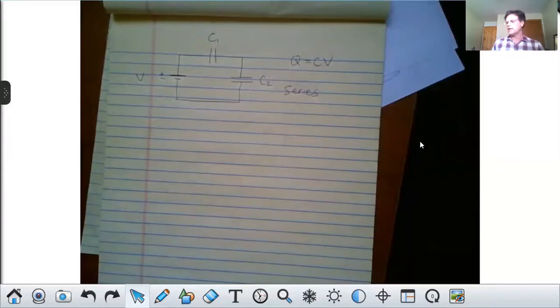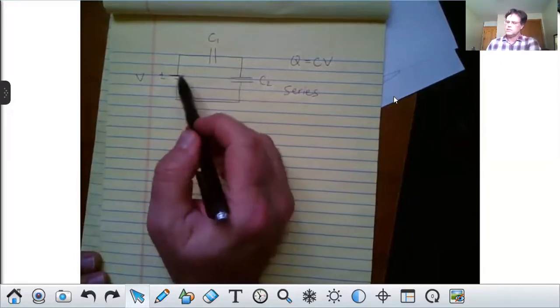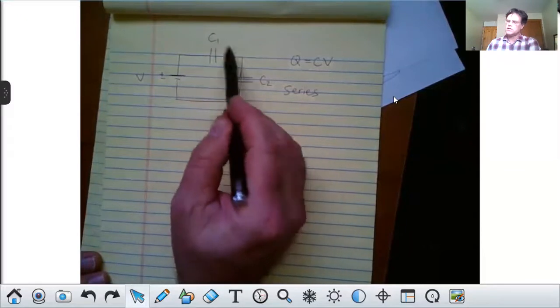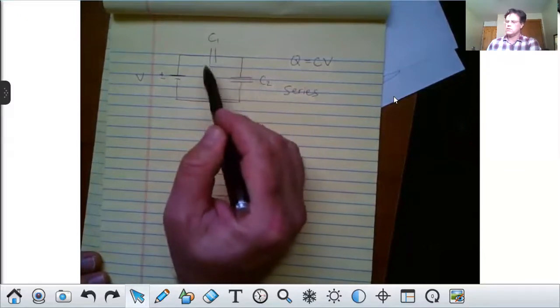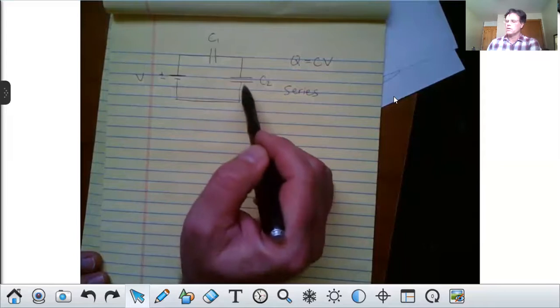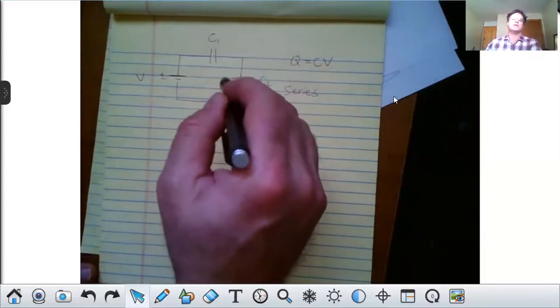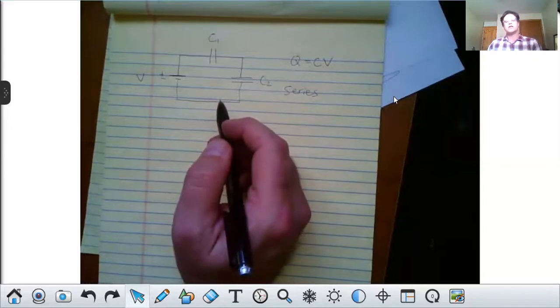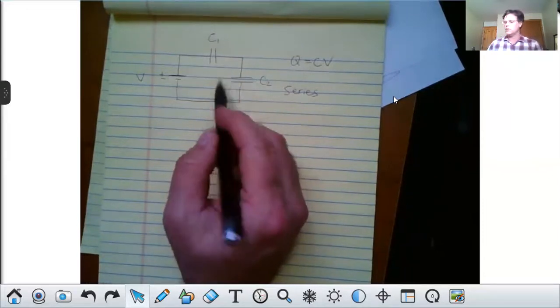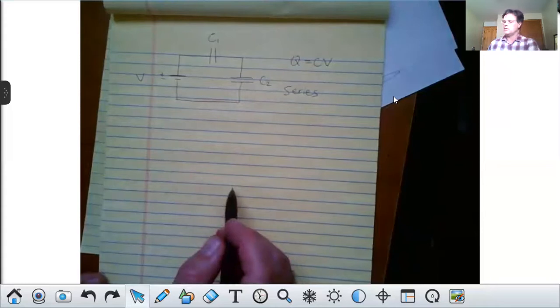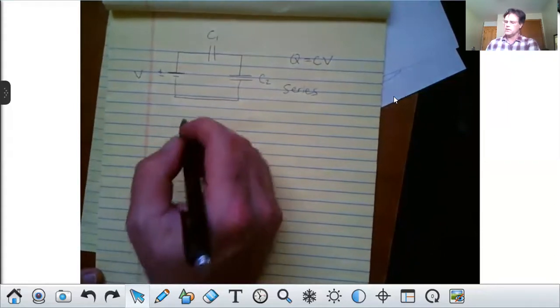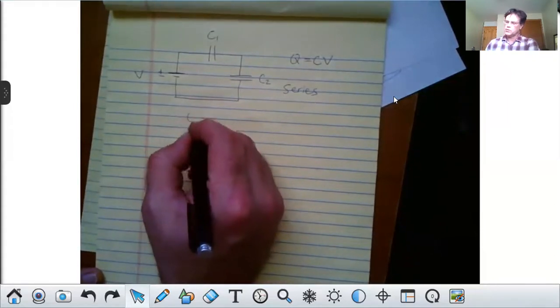What I want to get for these combinations, and we'll have a second one, parallel, is an equivalent capacitance. What single capacitor could I use to replace these two? What is the equivalent capacitance of these two in series, so that I can use one number for both of them?